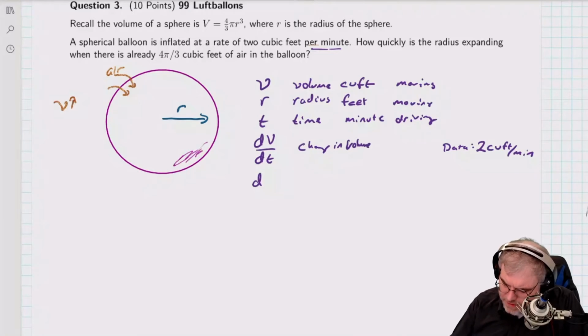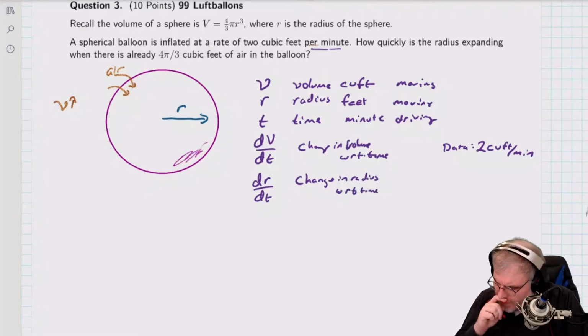And we've got dr over dt, the change in radius with respect to time, and that's the thing we want.